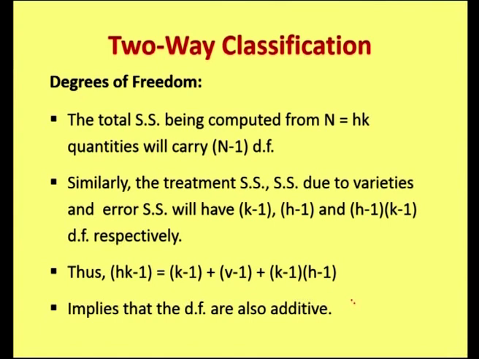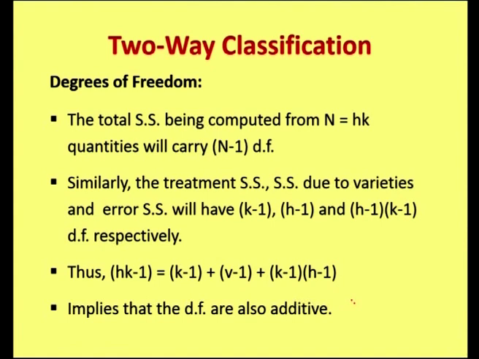The total sum of squares being computed from n, that is actually hk, because we have k varieties and h blocks. So, hk is nothing but the total number of observations n, will have n minus 1 degrees of freedom, and for treatments it is k minus 1, and sum of squares due to varieties we have h minus 1, and finally sum of squares due to error will have h minus 1 into k minus 1 degrees of freedom.